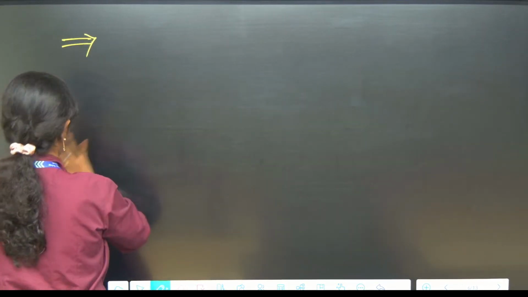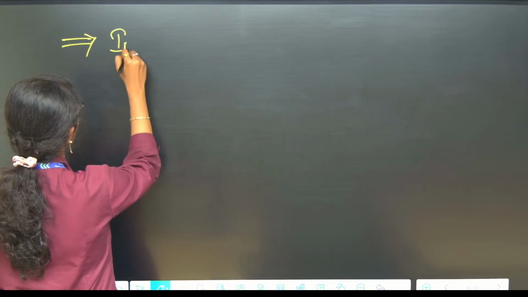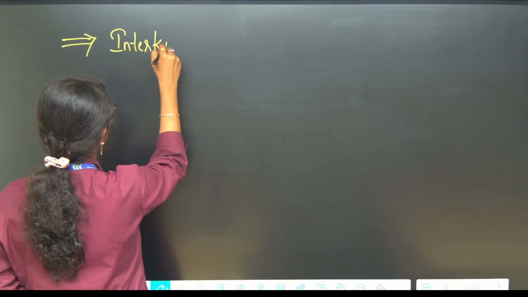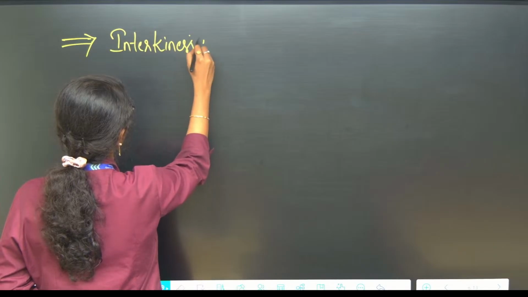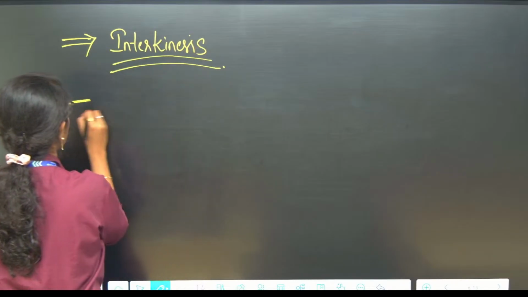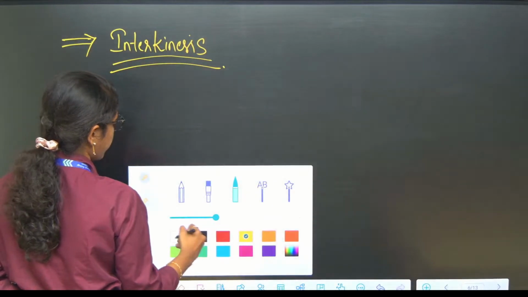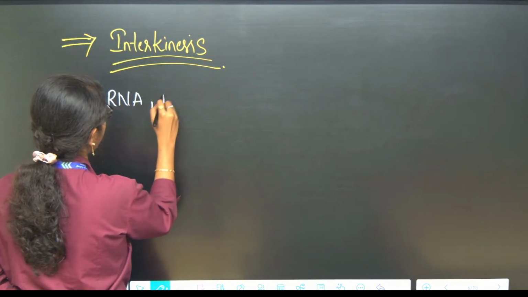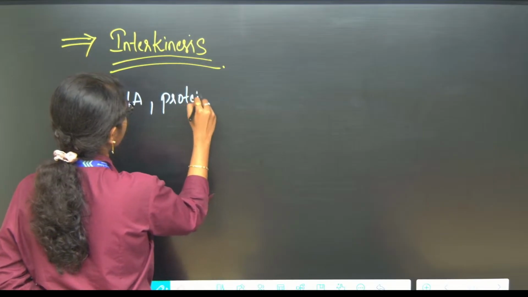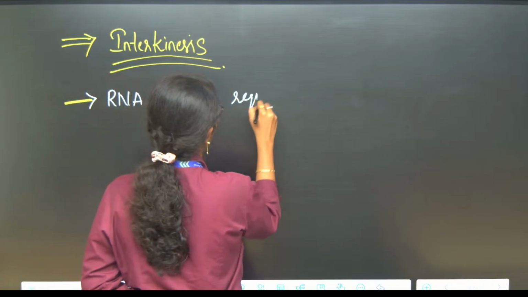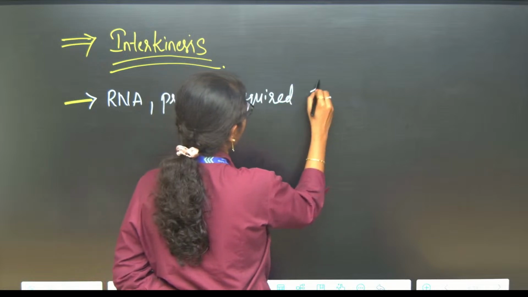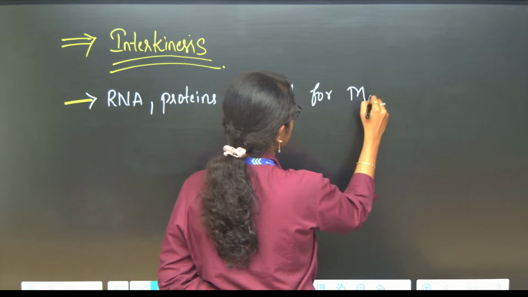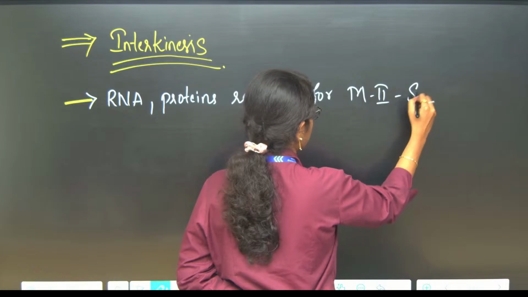During interkinesis, RNA and proteins required for meiosis 2 are synthesized.